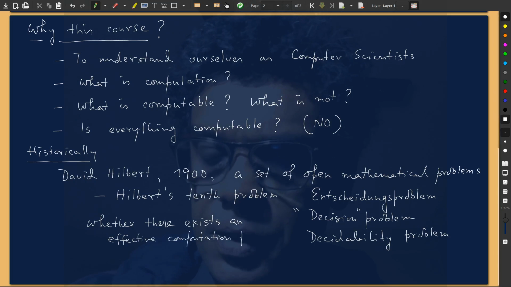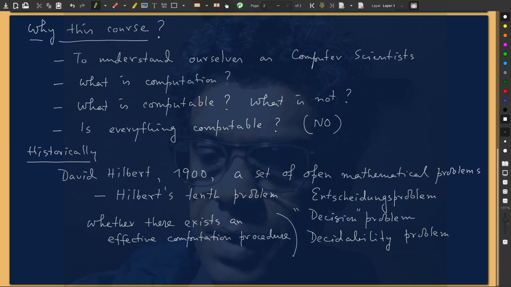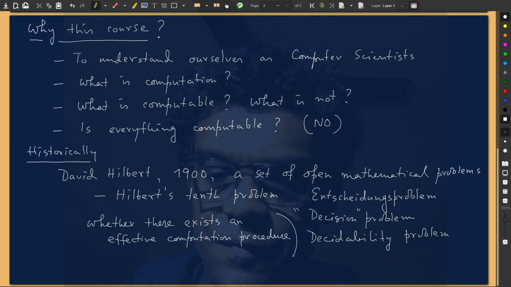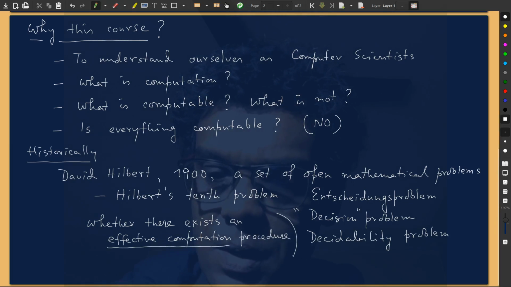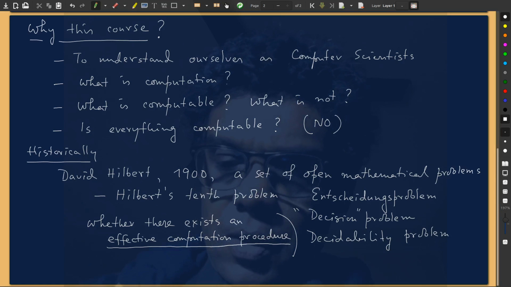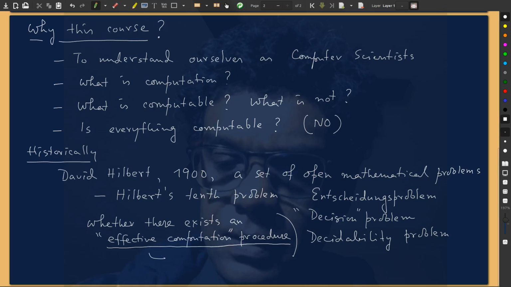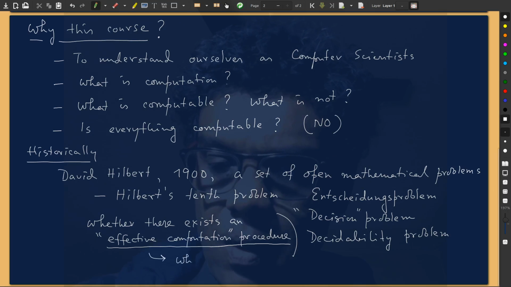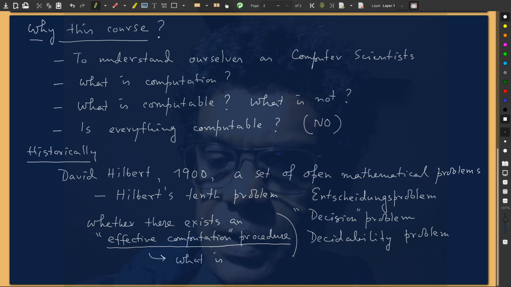I am not going to the details of that problem because it's not exactly very relevant, at least for the moment. Okay, but there is an effective computation procedure. So that thing, which is known as effective computation, he just mentioned this, but what is understood by this?